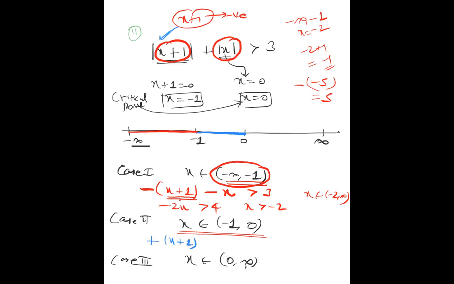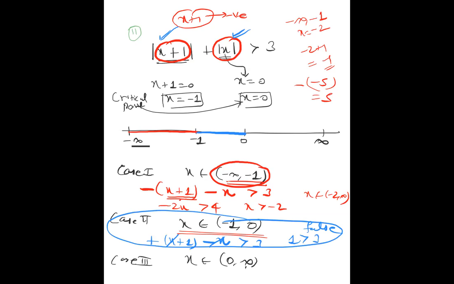But when it's more than minus 1, less than 0, then this will be negative bracket. So we have to write minus x, right? Then greater than 3. Now this is not giving any answer because x minus x is going, 1 is coming greater than 3, which is not true. False. That means this case does not exist at all. That means there is no value of x which is between minus 1 to 0, right?